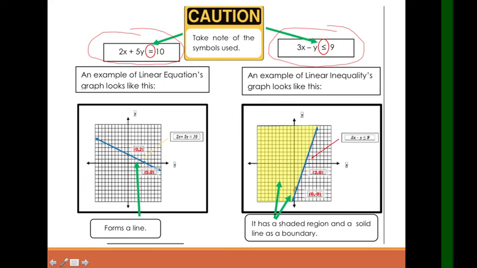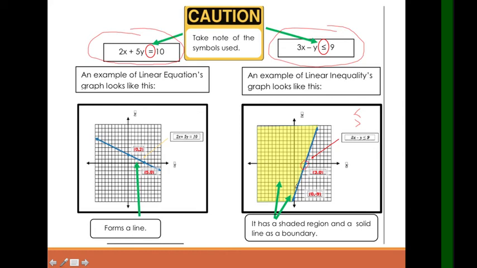Okay, while on the other hand, pag sinabing linear inequality in two variables, meron siyang line katulad ng sa linear equation, pero yung mga dot niya ay nakadepende sa kanyang symbol. Okay? Kapag ang symbol niya ay katulad nito, greater than, less than, open yung kanyang dot. So, kunyari, maglalagay tayo dito, it should be open.